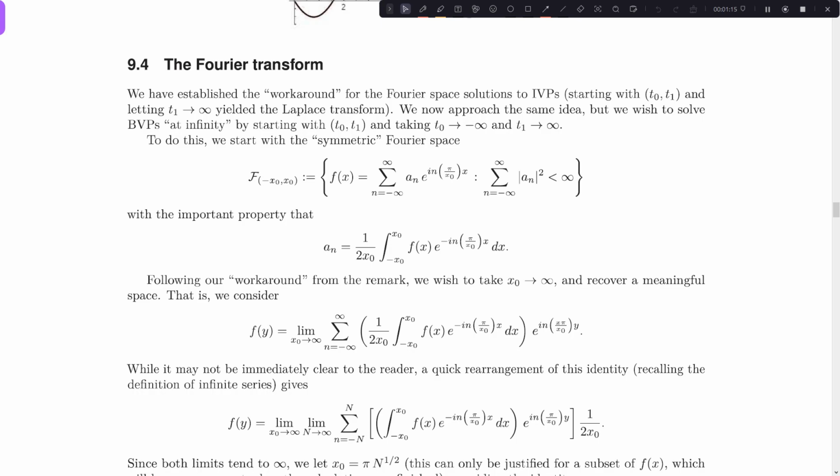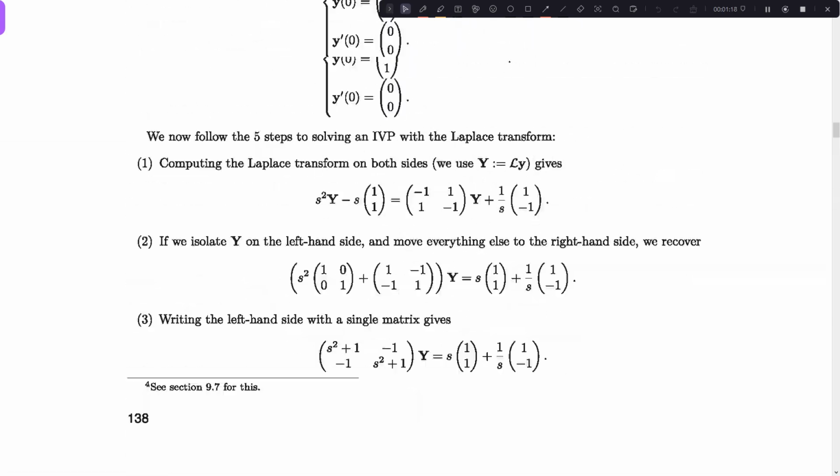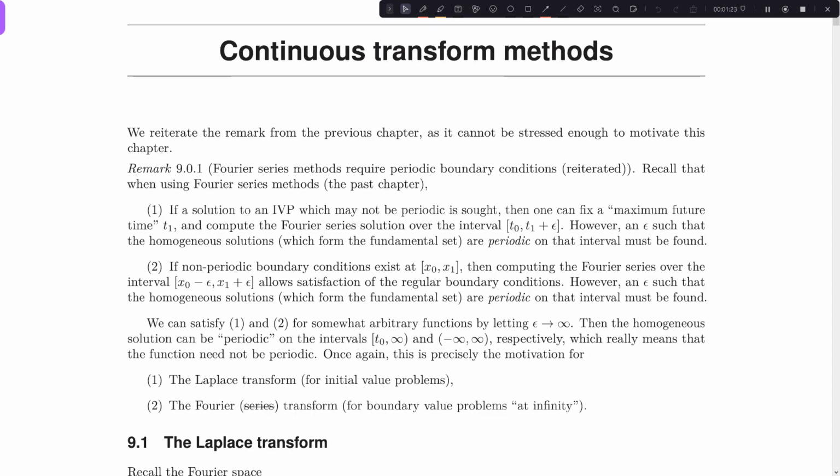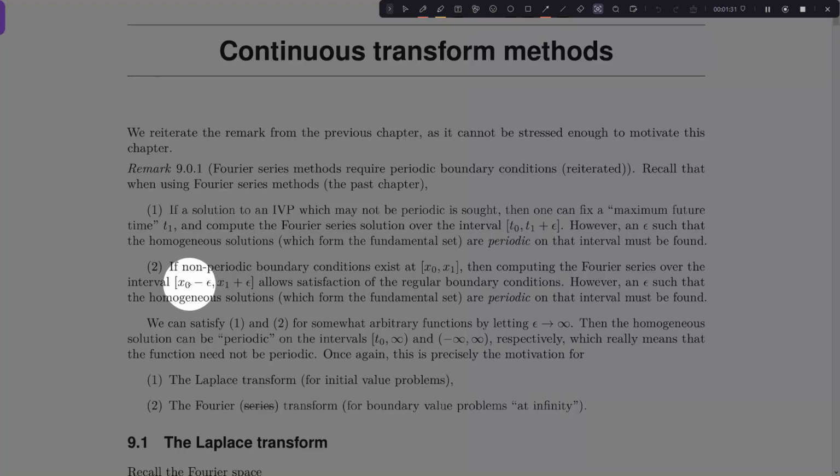So if we jump back to the very beginning of the chapter, where I was talking about fixing these problems of the Galerkin truncations, the second one, basically, is that we're going to take the interval over which we are calculating the Fourier series, and we're taking epsilon to infinity, so we're pushing that interval to minus infinity to plus infinity.